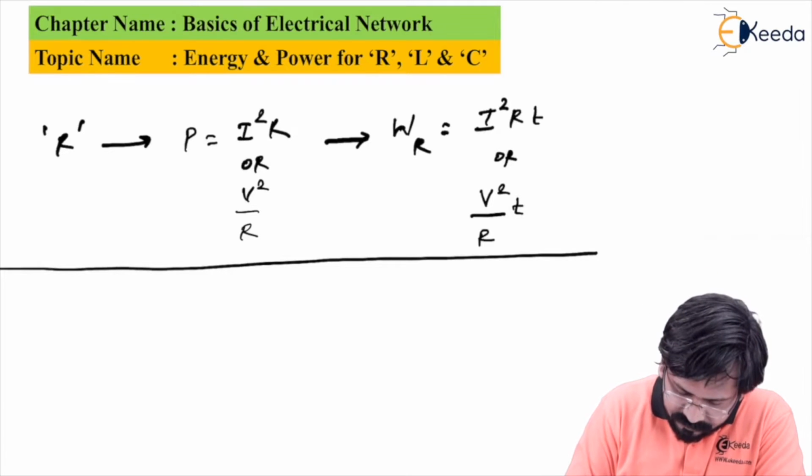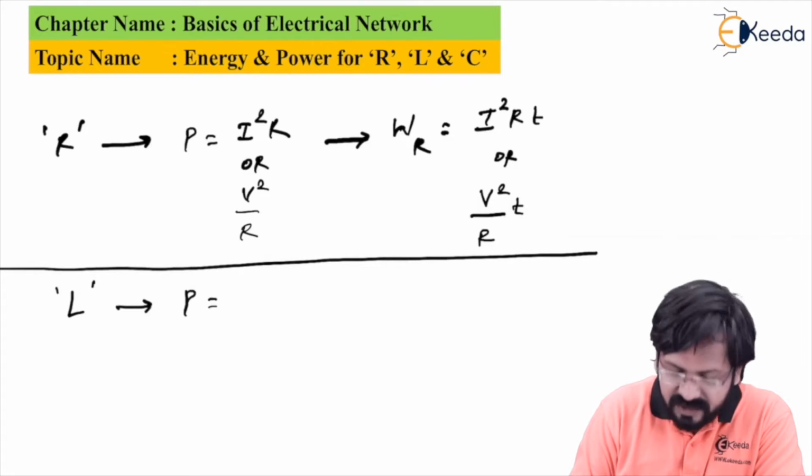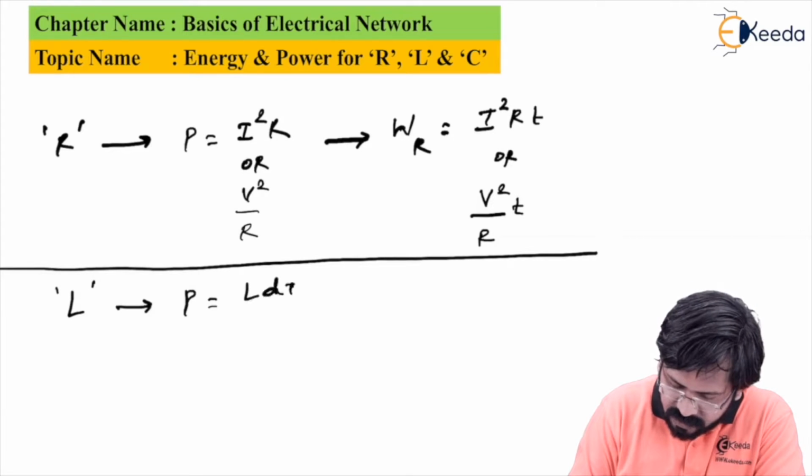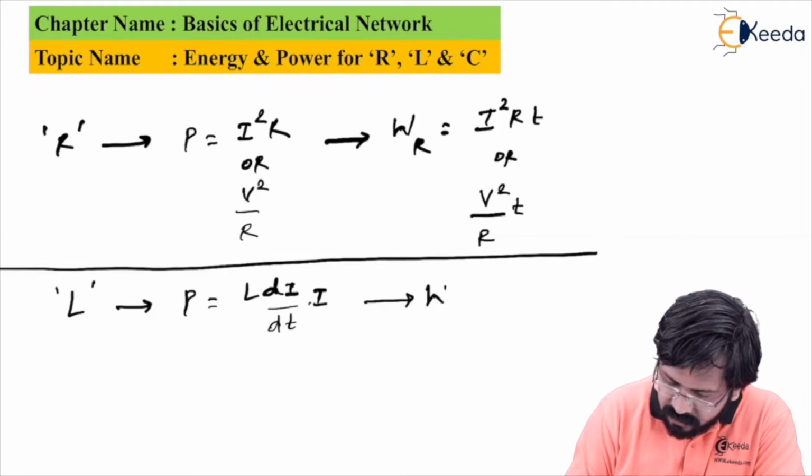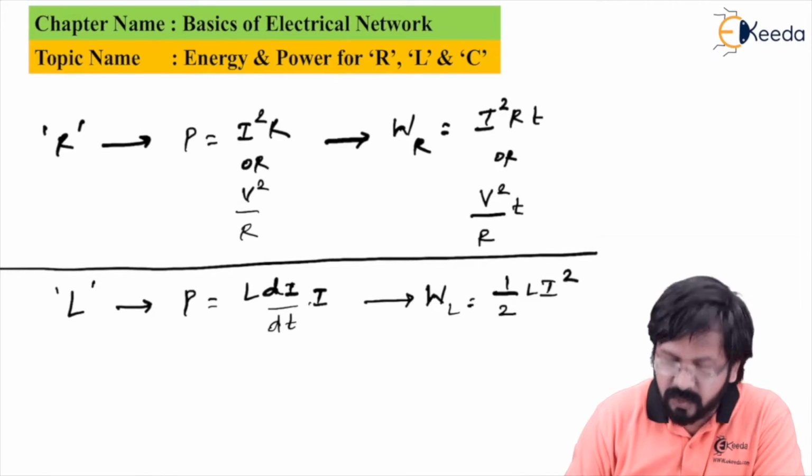For inductor, we have seen power is L into di by dt times I, for which we have calculated WL, which is half times L I square. Unit is again joule.